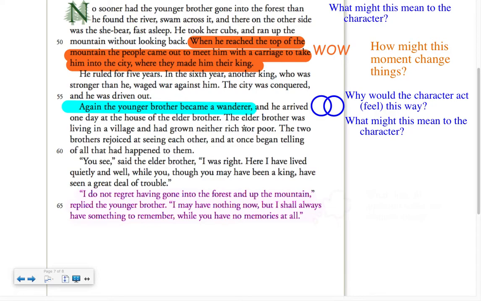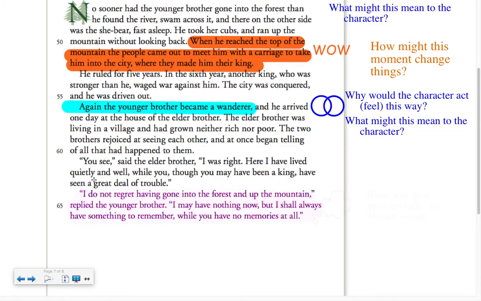Who knows? The elder brother was living in a village and had grown neither rich nor poor. The two brothers rejoiced at seeing each other, and at once began telling of all that had happened to them. "You see," said the elder brother, "I was right.